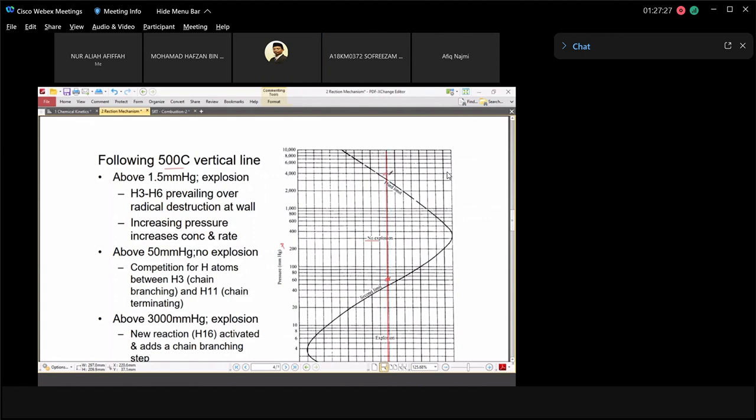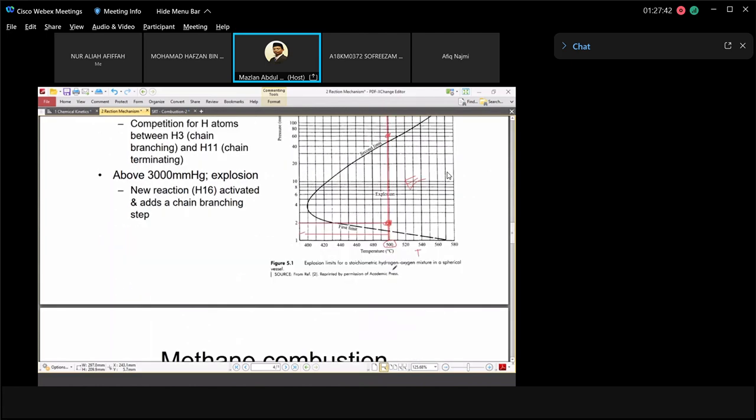So this is explosion, no explosion. There is another explosion limit here. And here is no explosion. What does that mean?